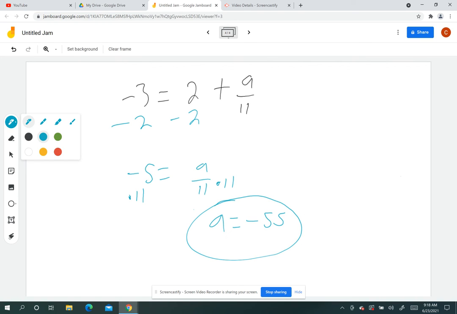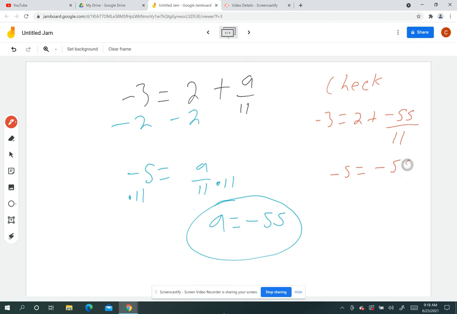Then, like I said, always check, because you can know if you're right or not. So you don't have to wait for the teacher to tell you if you're right or not. You're going to have negative 3 equals 2 plus negative 55 over 11. Obviously, negative 55 divided by 11 will be negative 5. We subtract 2 from both sides. We're going to get negative 5 equals negative 55 over 11, which, as a matter of fact, equals negative 5.